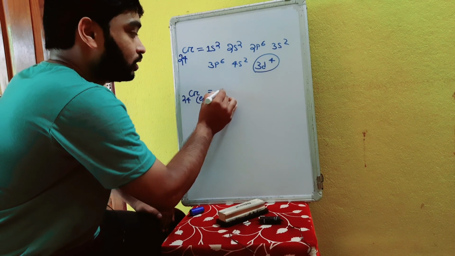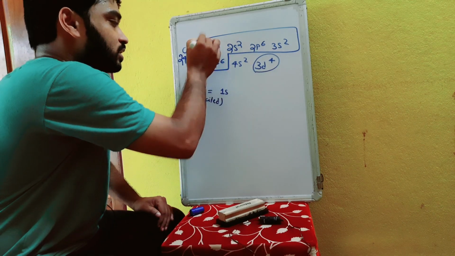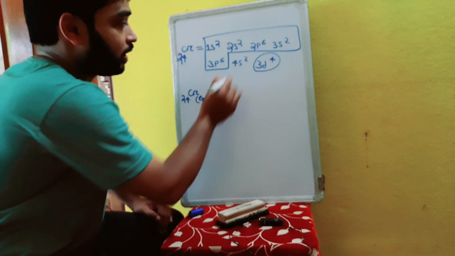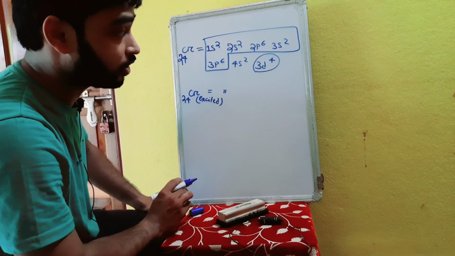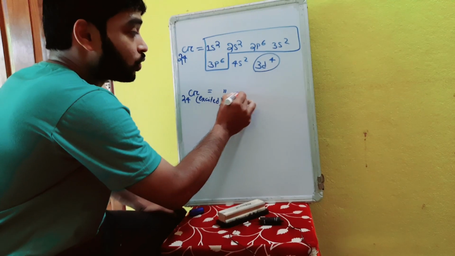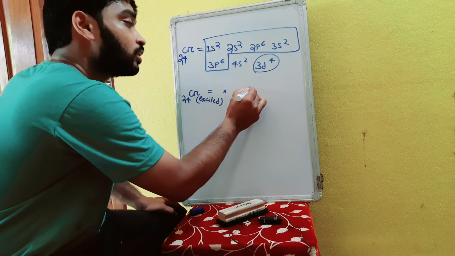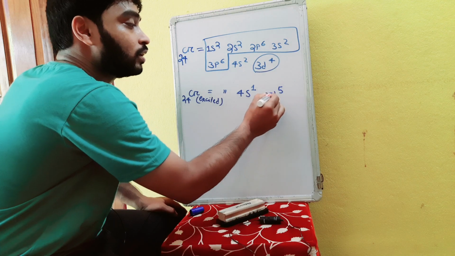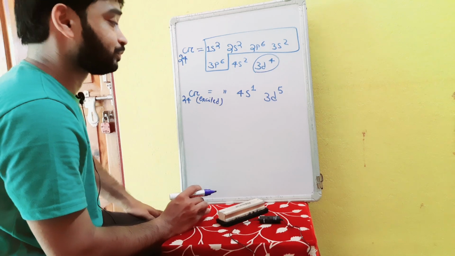The last two orbitals, the 4s orbital and the 3d orbital, contribute to the stability of the chromium atom. That means the chromium atom that contains 4s2 will move one electron to the 3d orbital to make the 3d orbital stable. That means the 3d orbital becomes half filled.